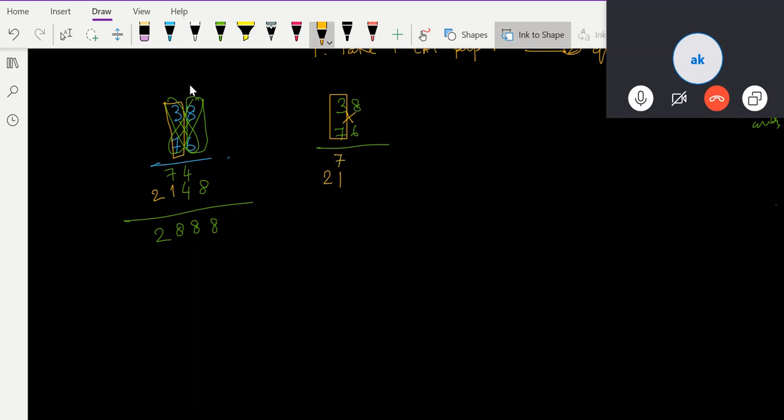So write 74 in this way. And last step is multiply the extreme two right numbers, which is 48. So write 48 like this and just add the two numbers. 8, 8, 2. Right?